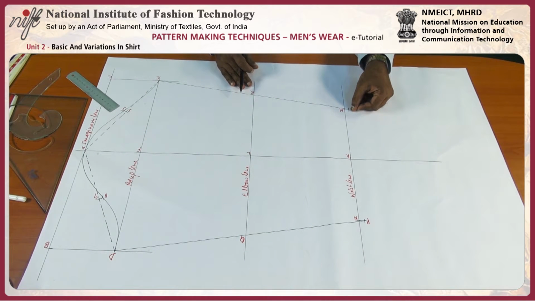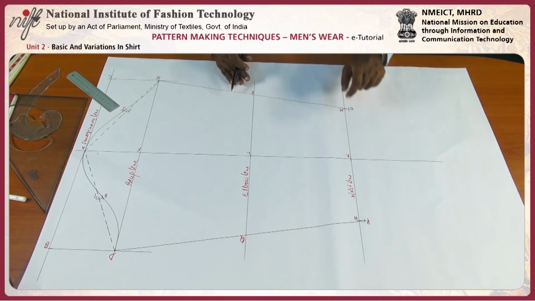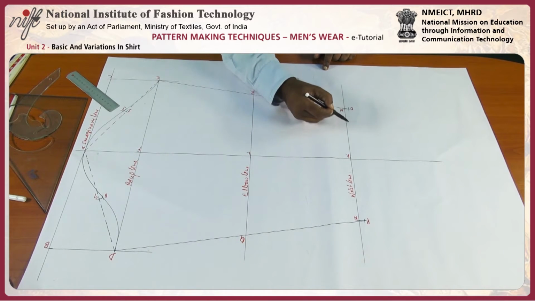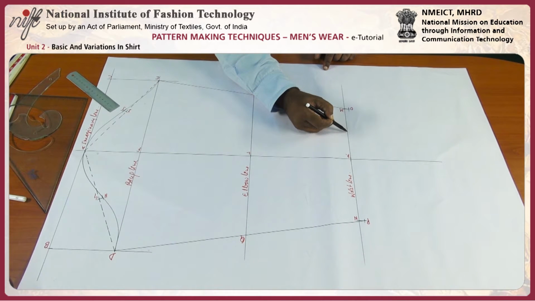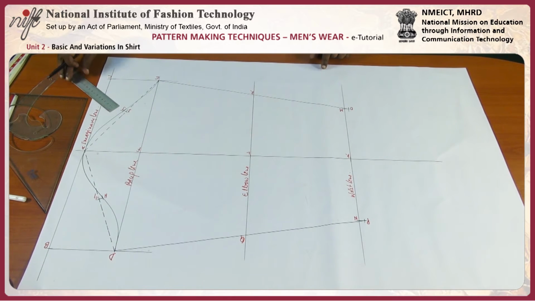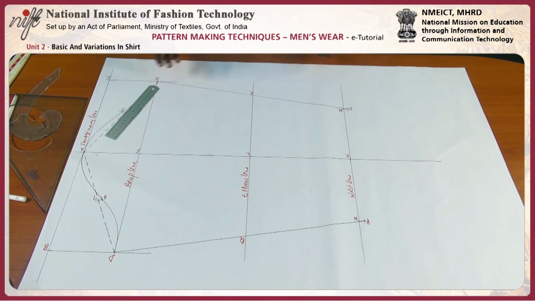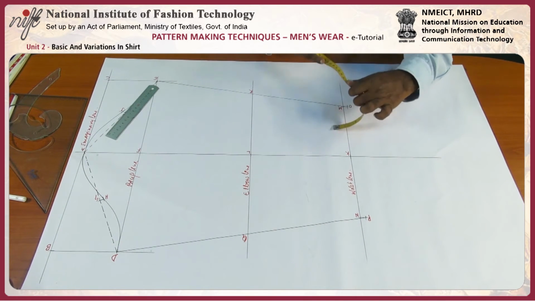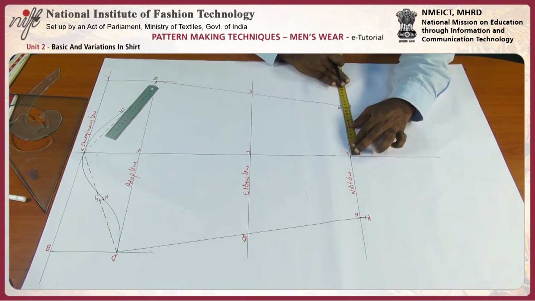First, let us place the sleeve placket positioning. Point S is the midpoint of the line KM. Point S is to be placed in the middle of KM. So, K to M is 14.25 centimeter.